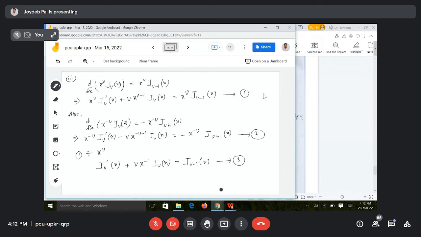Say it is 3, and 2, we are dividing equation number 2 by x to the power minus nu.